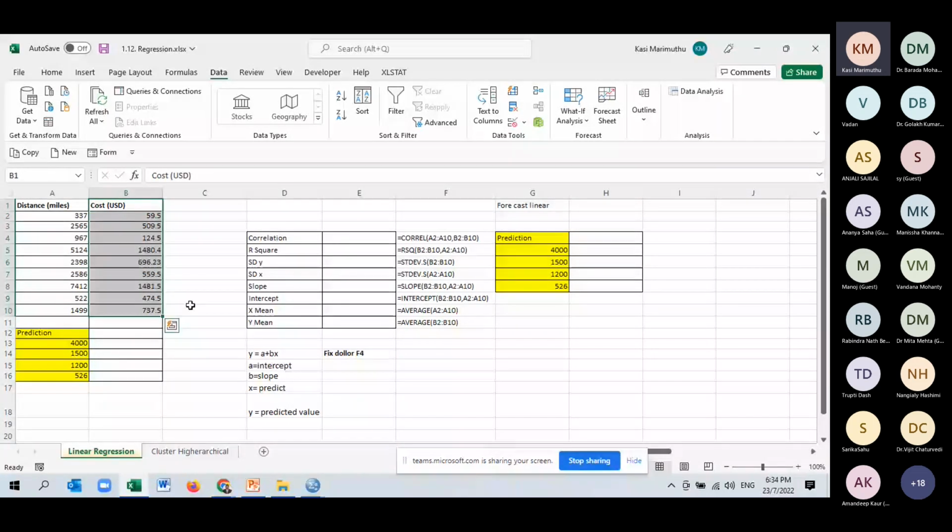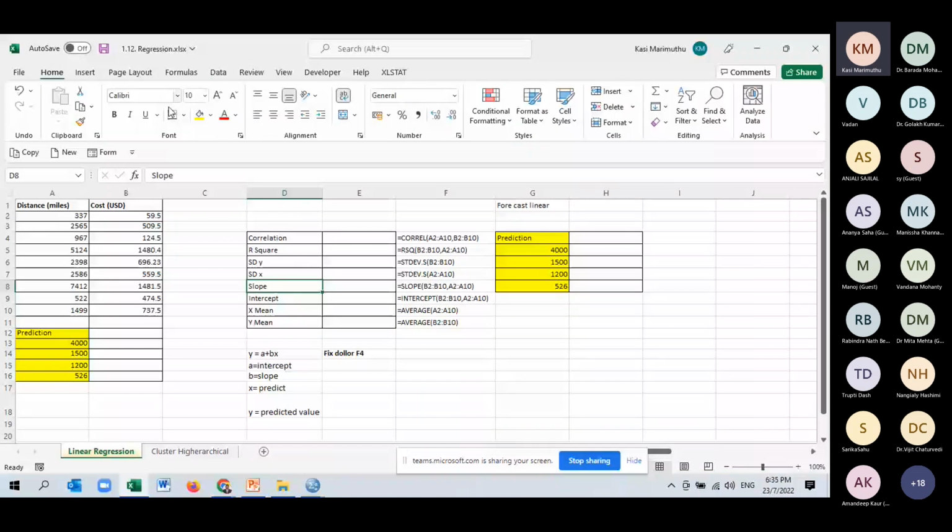So using Excel, how can we understand simple linear regression? There are several ways the linear regression can be conducted in Excel. One is the graphical way, similar to SPSS. Then there are inbuilt applications. We can calculate the slope separately, and the intercept separately; there is a formula for it.